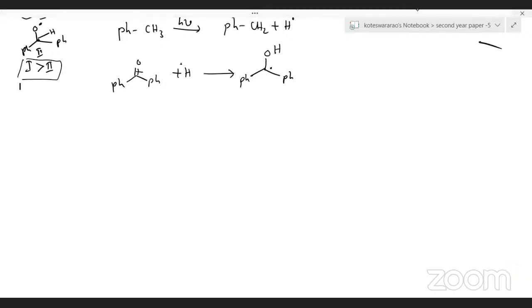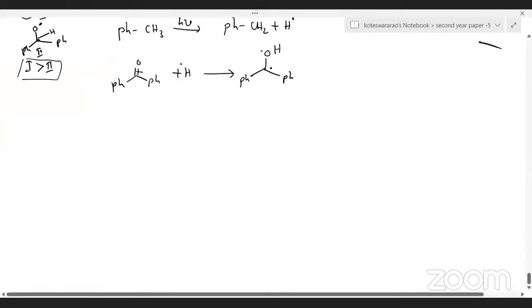If you number it, it is actually a methanol: 1-hydroxy-1,1-diphenyl methyl radical. This is the intermediate generated.